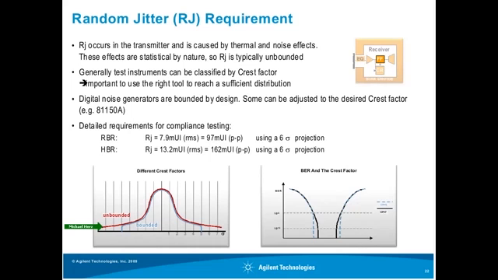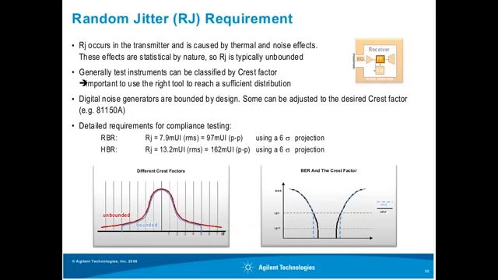So even if you go very far out on that curve, you always will see some very rare events if you test long enough. The opposite of that would be bounded, which means at a certain point of the Gaussian distribution, you just stop, and there won't be any events which go further out.